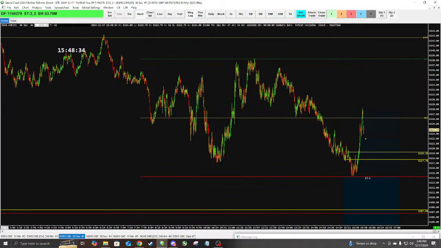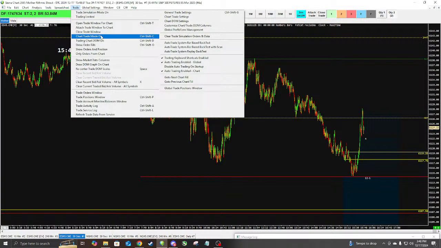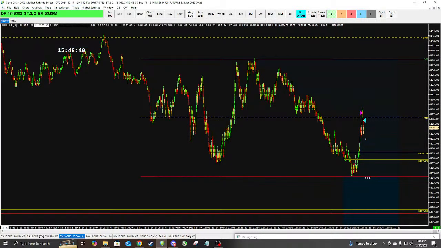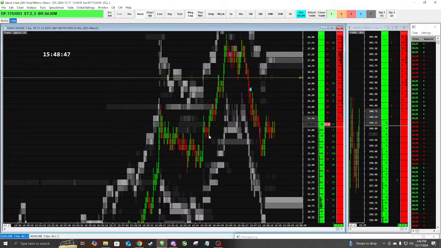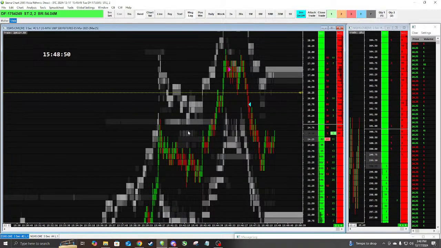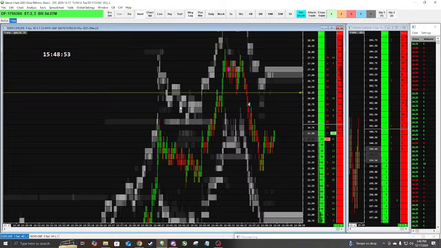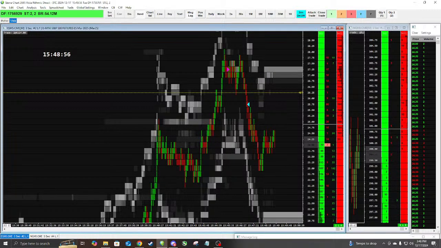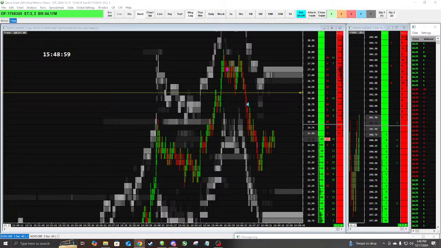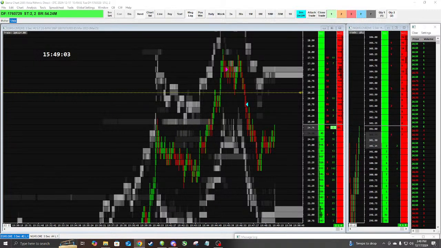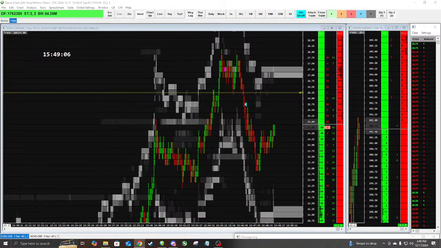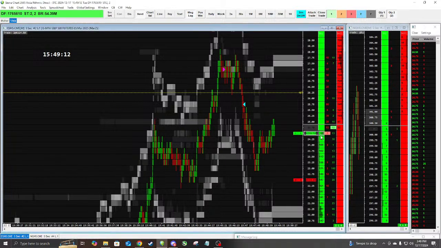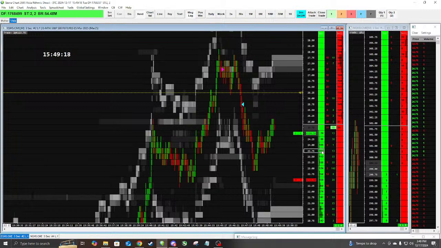Now we lost $34. She's in a weird spot. The only thing that would be good here is a long. Two ticks.